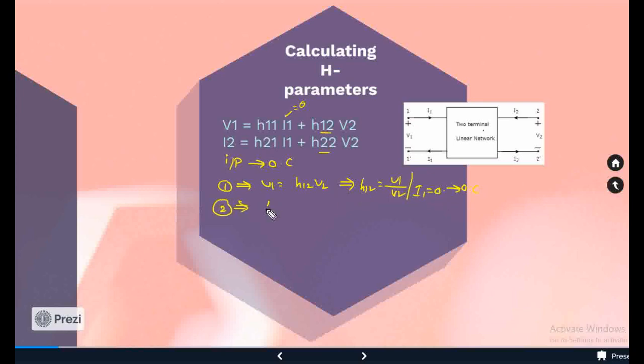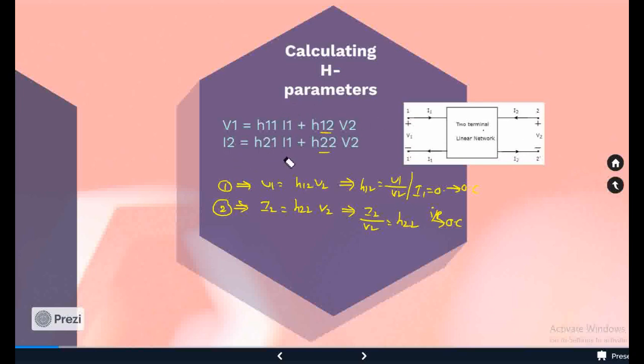This is the open circuit condition. Similarly, equation 2 is I2 equal to H22 V2, so I2 by V2 equal to H22. These are also calculated by making the input open circuited.